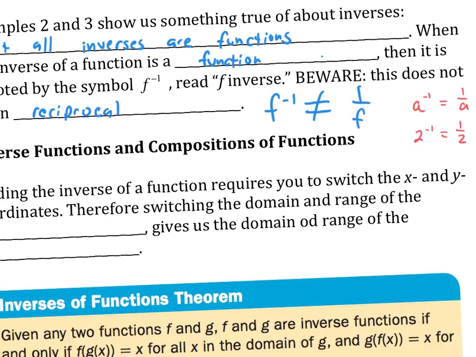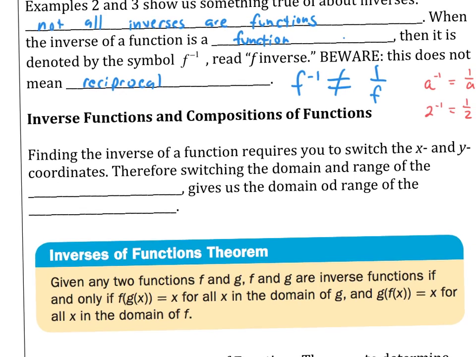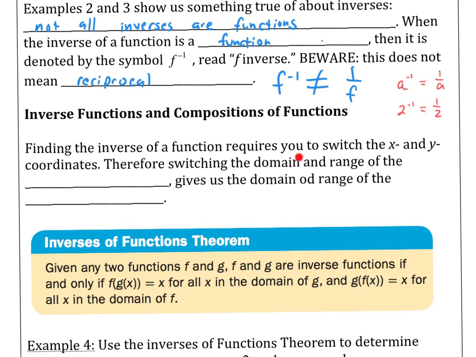All right. So finding the inverse of a function requires you to switch the x and the y coordinates. Therefore, switching the domain and range of the original function will give you the domain and range of the inverse. So that's nice. All we have to do is flip those, and we know the new domain and range.